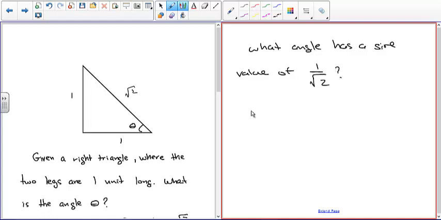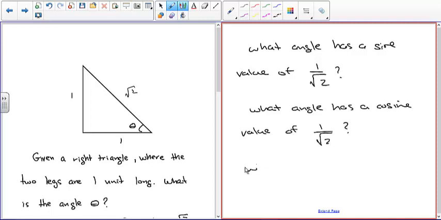What angle has a cosine value of 1 divided by the square root of 2? Or what angle has a tangent value of 1 divided by 1?